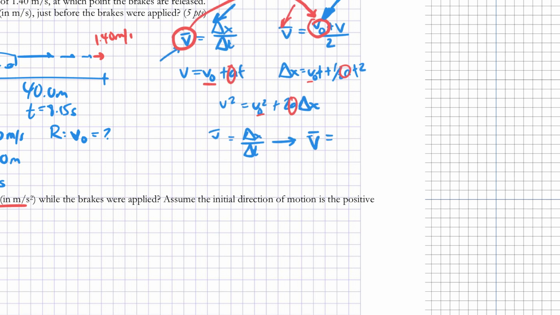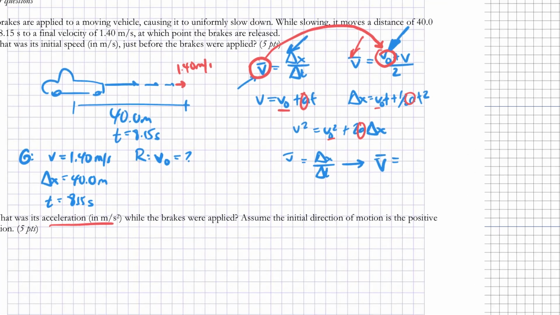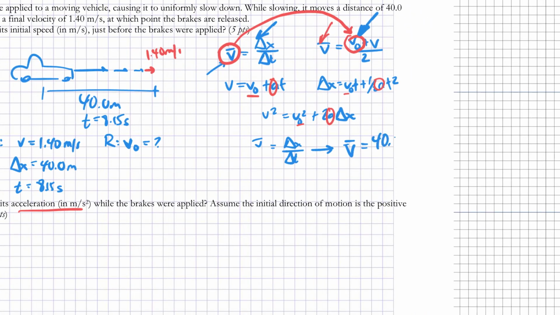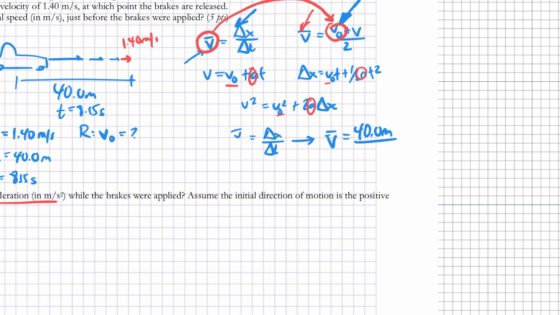V bar equals delta X, which was 40.0 meters divided by the delta T, which was 8.15 seconds. So V bar equals... Okay, I'm getting 4.9080 meters per second.